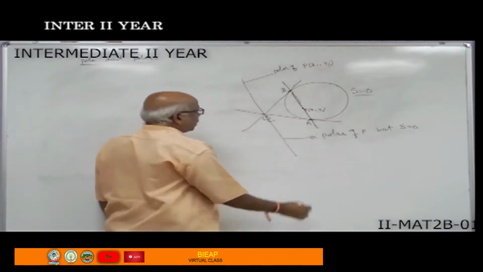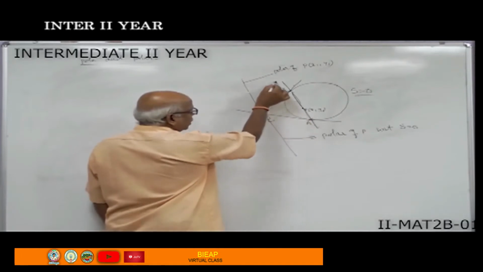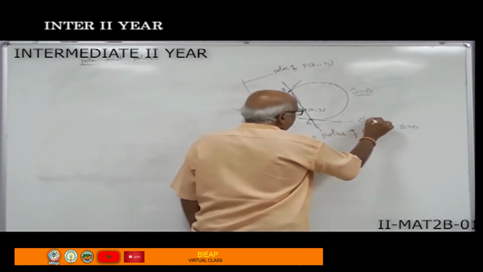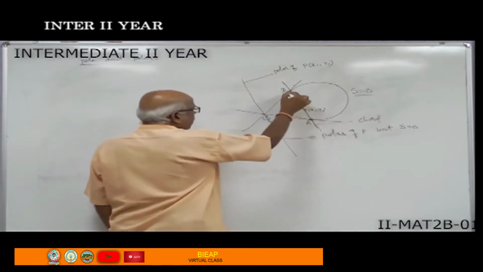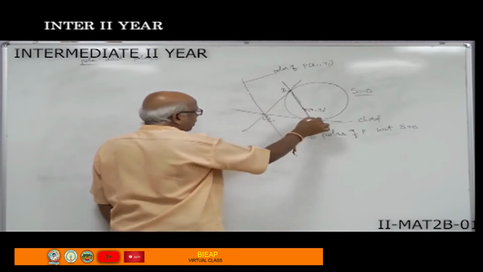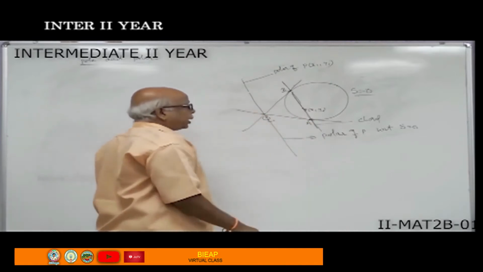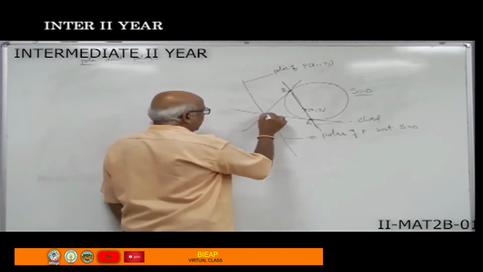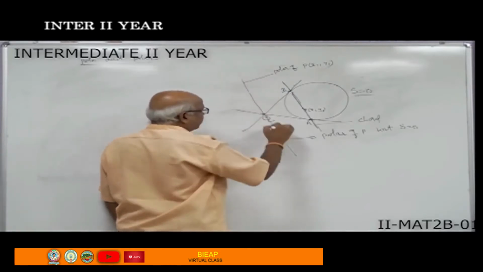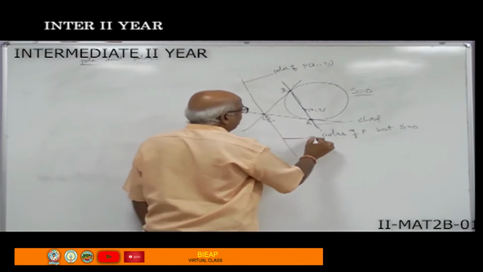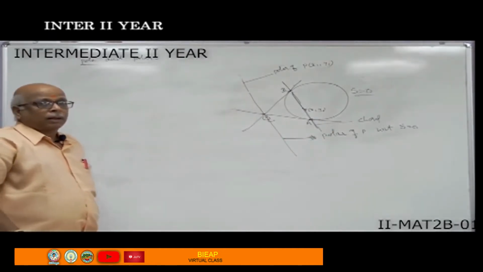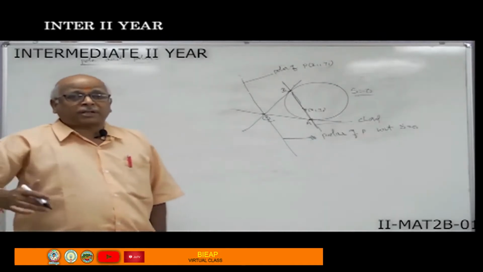I repeat, P is the given point. Through this draw a chord. That chord will have two extremities. At these two extremities, if you draw two tangents, those will intersect at a point. That point lies on a straight line called the polar of P. Let us have the definition once again.